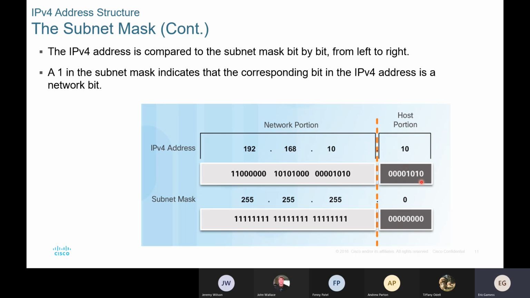Remember, all the network devices that belong to the same network will have the same network portion, because this ID identifies the network. So if we belong to the same network, we have the same network portion. Now, of course, within the same network, we will have a different host portion because each device needs an IP address.